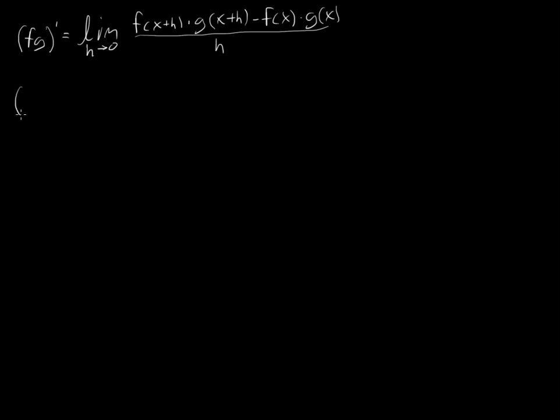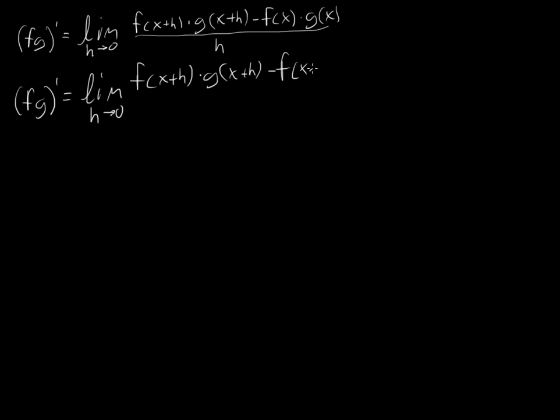So continuing on, we write (fg)' equaling the limit as h approaches 0 of f of x plus h times g of x plus h minus, and I'm adding now, f of x plus h times g of x.